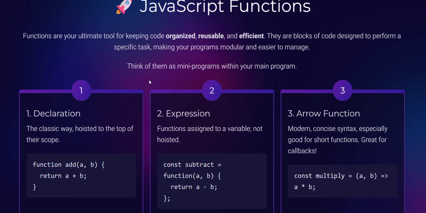Expression, functions assigned to a variable, not hoisted, for example with const. Const is another variable we will discuss further, so don't worry about it. And arrow function, a modern concise syntax, especially good for short functions and callbacks. These are about functions. I hope you're all getting it right. I hope you're on the right path for learning JavaScript.